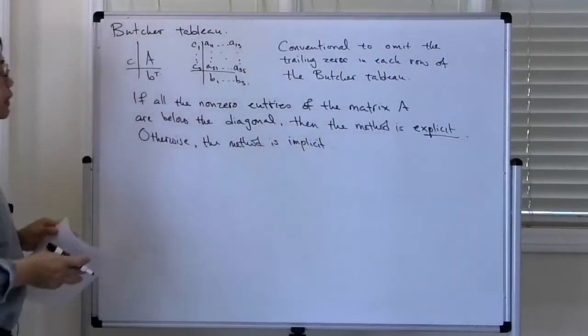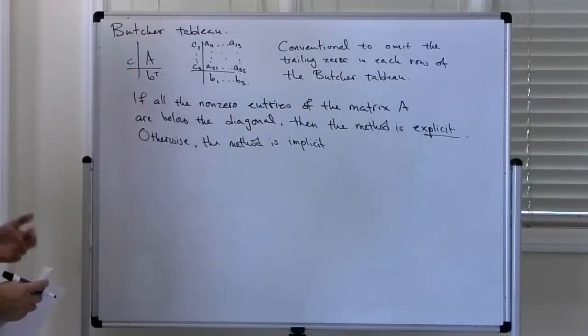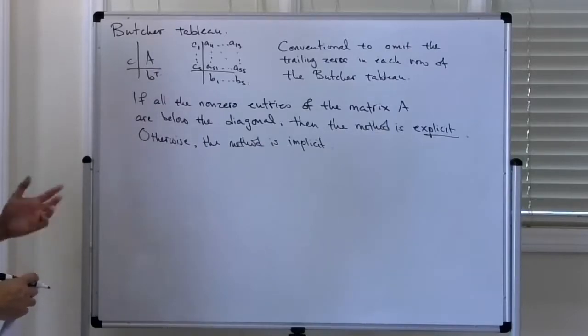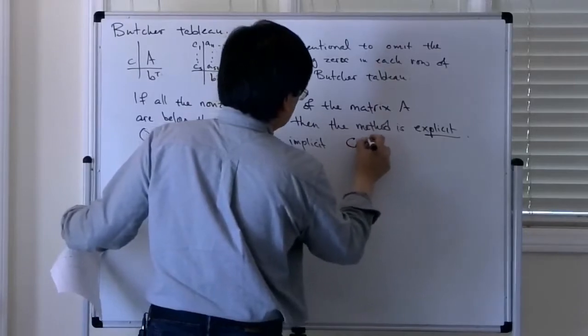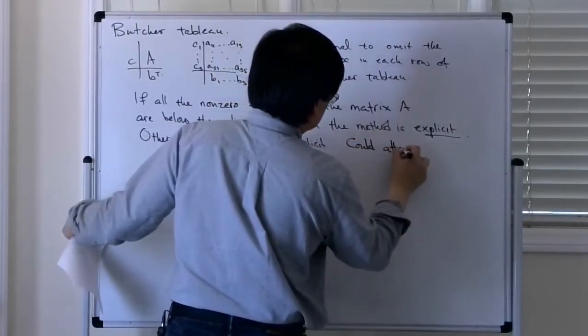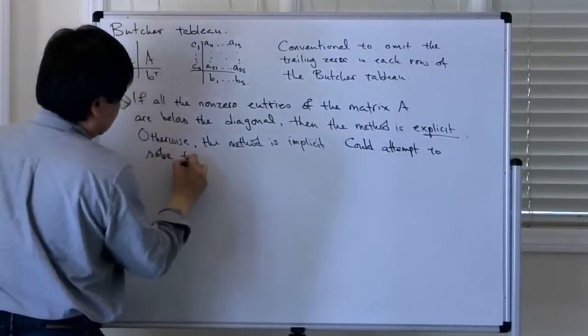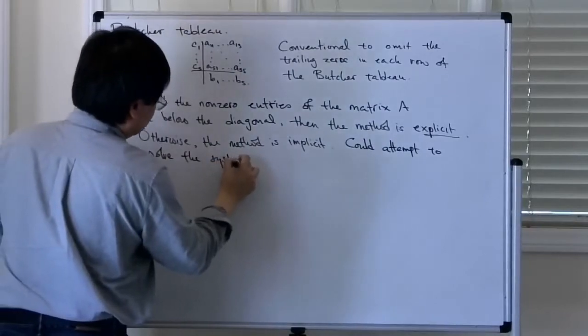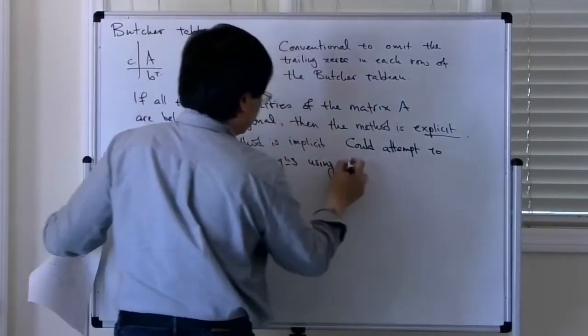It should be noted, of course, that if you have an implicit Runge-Kutta method, then, which we saw before, instead of trying to solve the system of equations using something like the Newton method, you could potentially attempt to solve the system of equations using fixed point iterations.